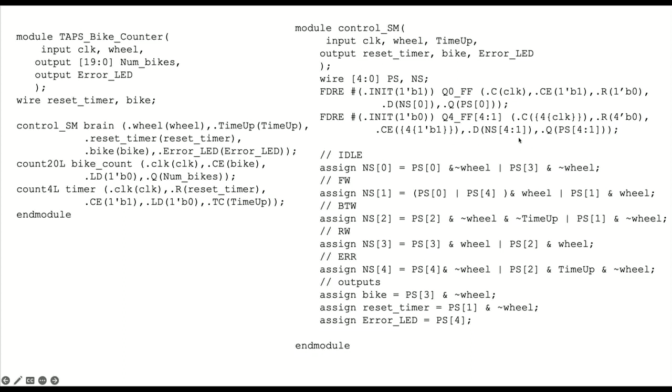Now the next state and the present state are already buses. Of course, I'm leaving 0 out, so I have to actually put the index 4 to 1. If I were to use the entire bus, I could just say NS, PS. But because I want to leave 0 out, I have to indicate that. That makes sense. My only question is, is there a reason you're using the clock replicated 4 times, rather than just inputting 1 clock and using it for each flip-flop? Well, I'm being careful here.